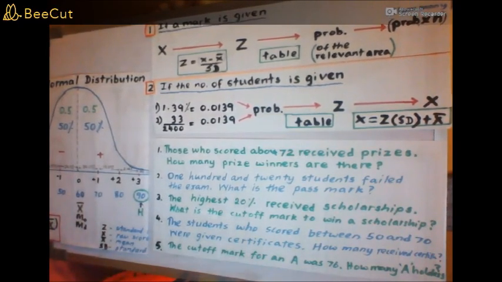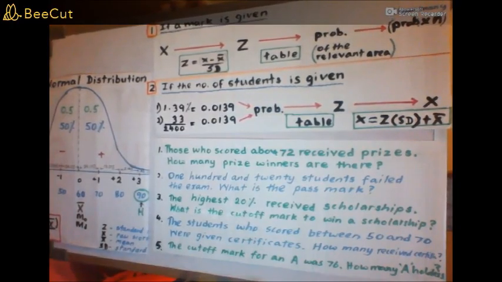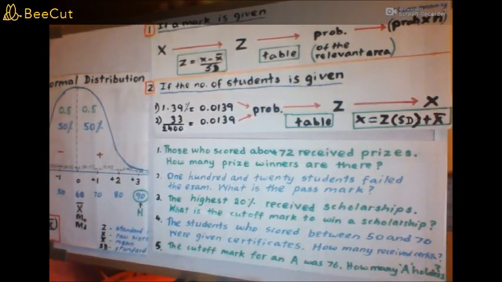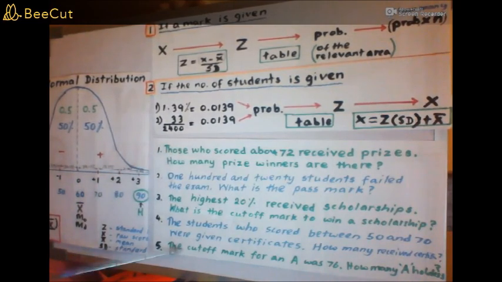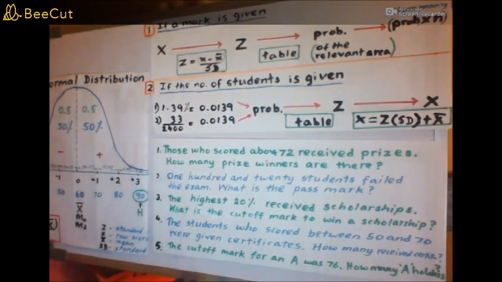Now, when we take the normal distribution problem, what you need to do is go through the questions and see what is given in each question, right? Based on what is given there, you will have to select the relevant path.